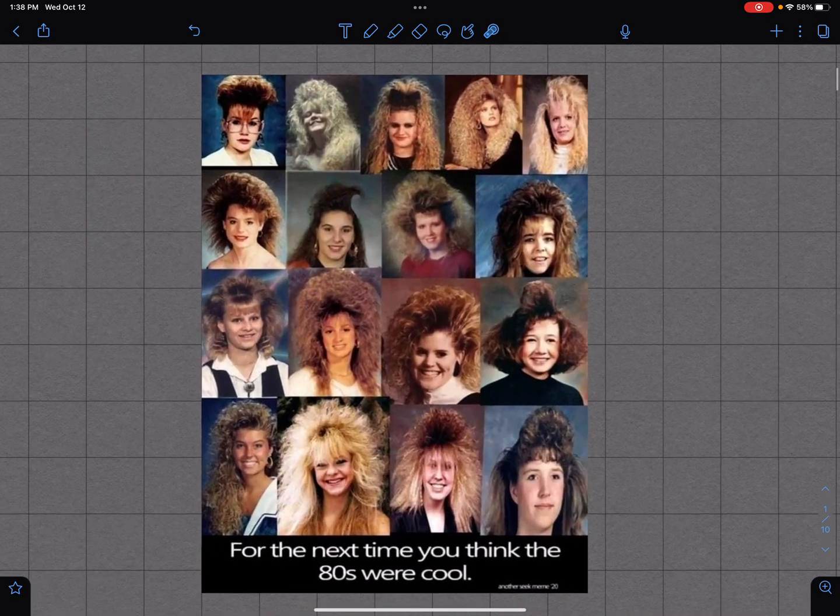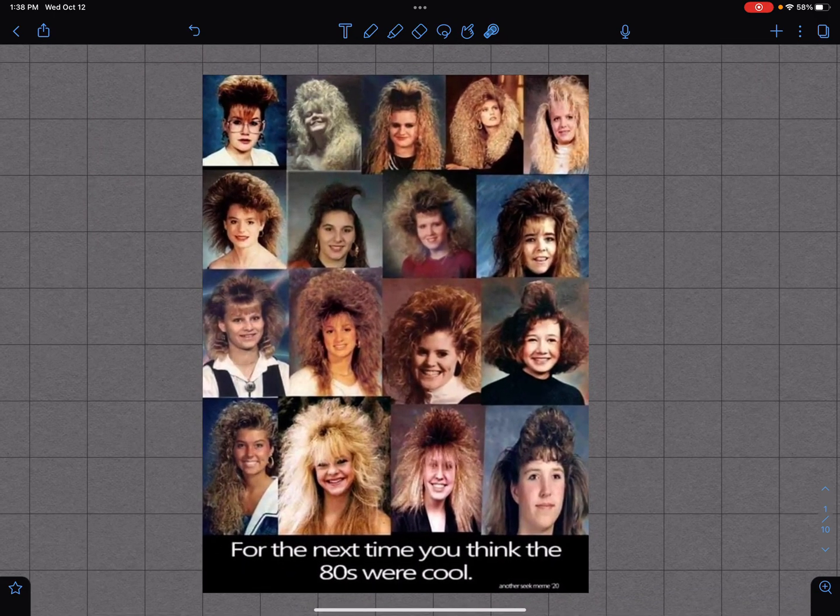Before we start, for the next time you think the 80s were cool, this is seriously yearbook photos from the 80s. I'm not even kidding. It looks cool when you watch shows about the 80s now, but we clean it up. We don't show you the actual. I mean, I am pretty sure I have yearbook photos.